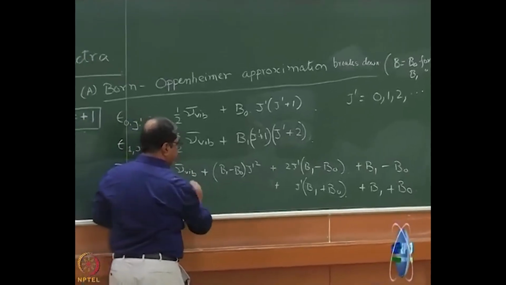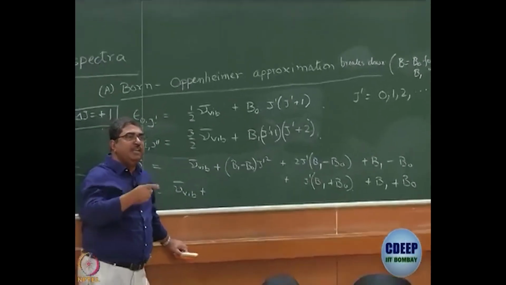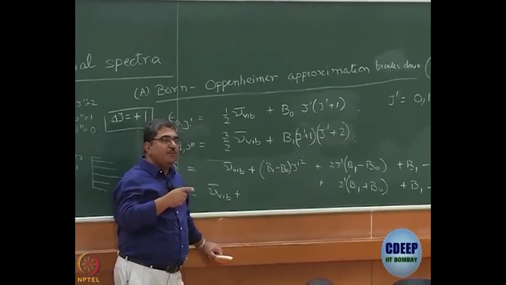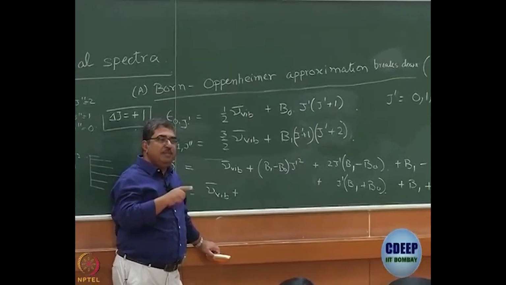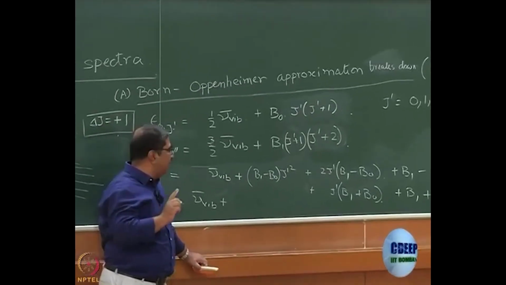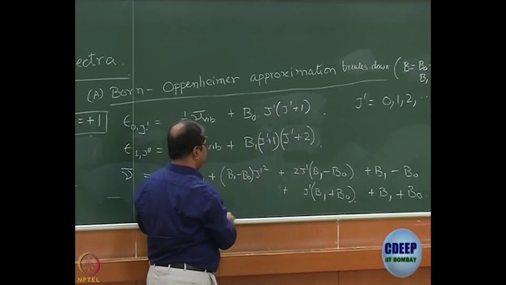plus, what was the expression I had for delta J equal to plus 1 earlier when Born-Oppenheimer approximation held? What was the expression there? Nu bar Vib plus 2B into j dash plus 1.